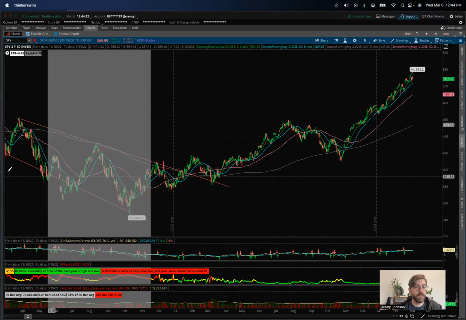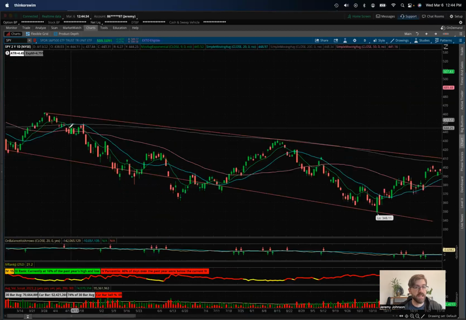Now, let's zoom in a little bit here, because you can see in this sequence of lower pivot highs and lows, we had the low here and the high here, and then we set a new lower low barely, but then we came up and we broke above the pivot high here. So does that mean that we are now in a bullish uptrend?